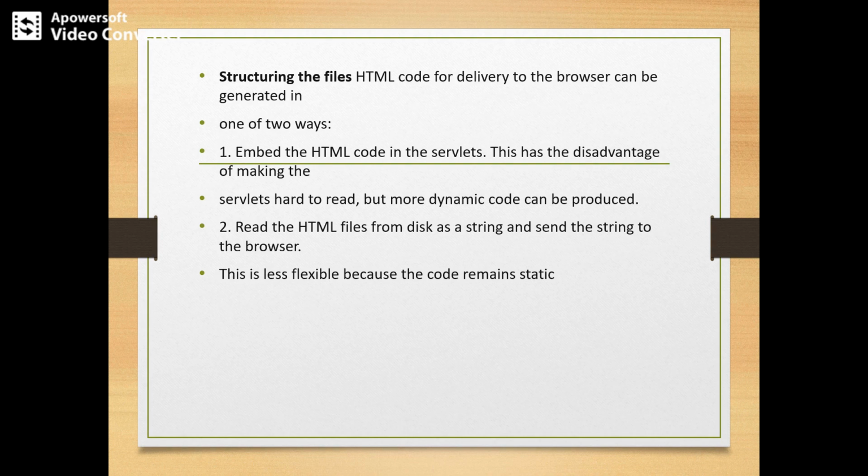The second is to read the HTML files from the disk as a string and send the string to the browser. This is less flexible because the code remains static.